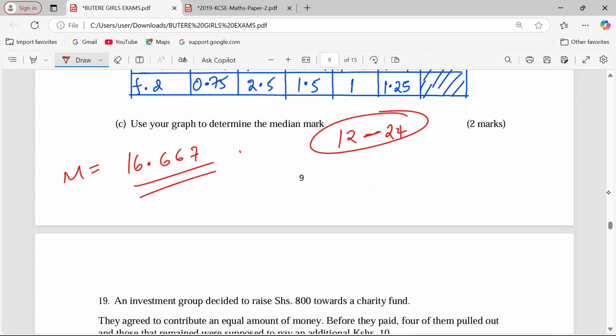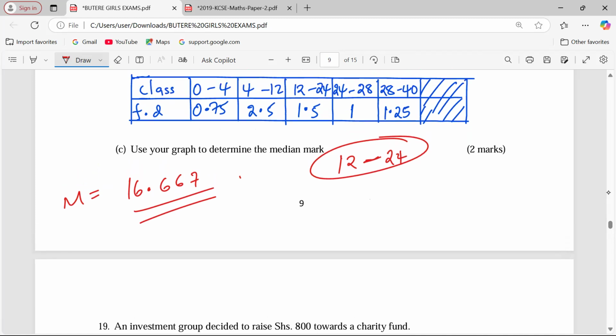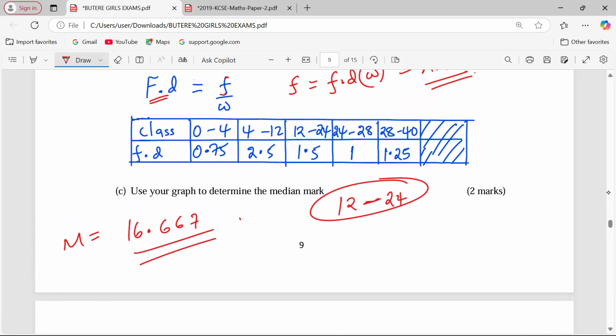And actually, we can compare this value with a median that is gotten from the formula. We are already having the median mark, the median class. So median is given by lower boundary plus n/2 minus cumulative frequency just before this class out of frequency of the class.